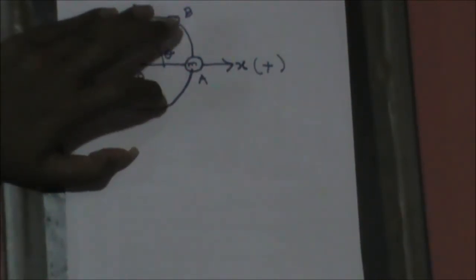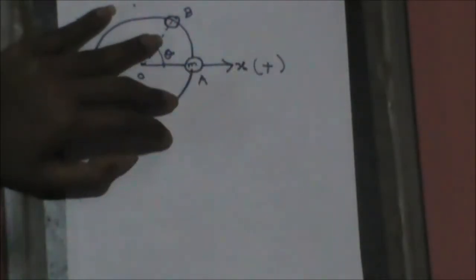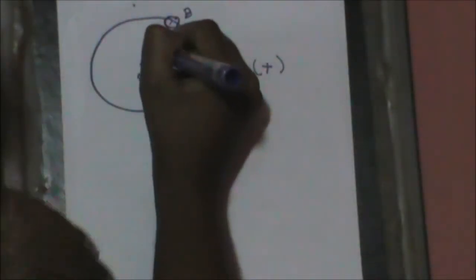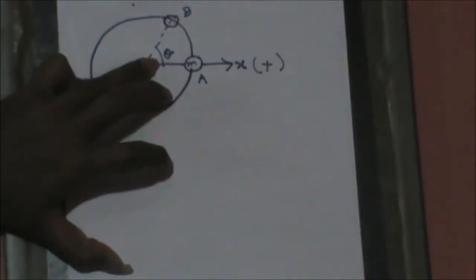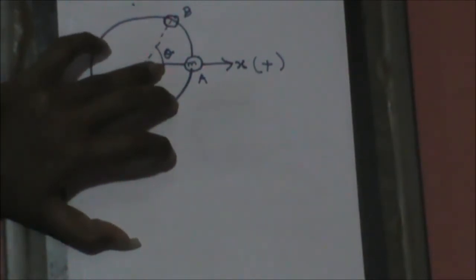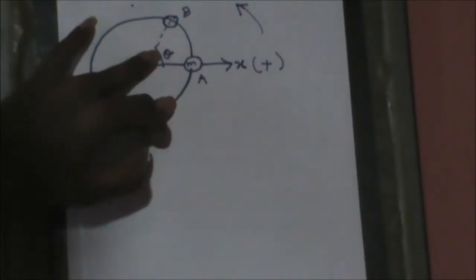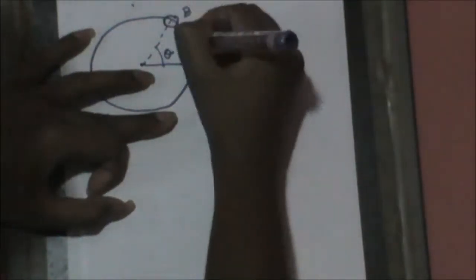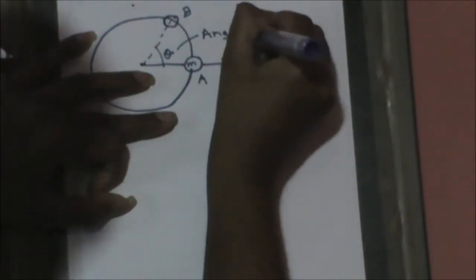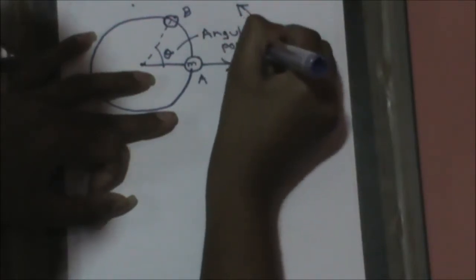I have taken theta here, the angle between the positive x-axis and the line joining the particle to the center, in the counterclockwise direction, sometimes called the anticlockwise direction. This is called the angular position.